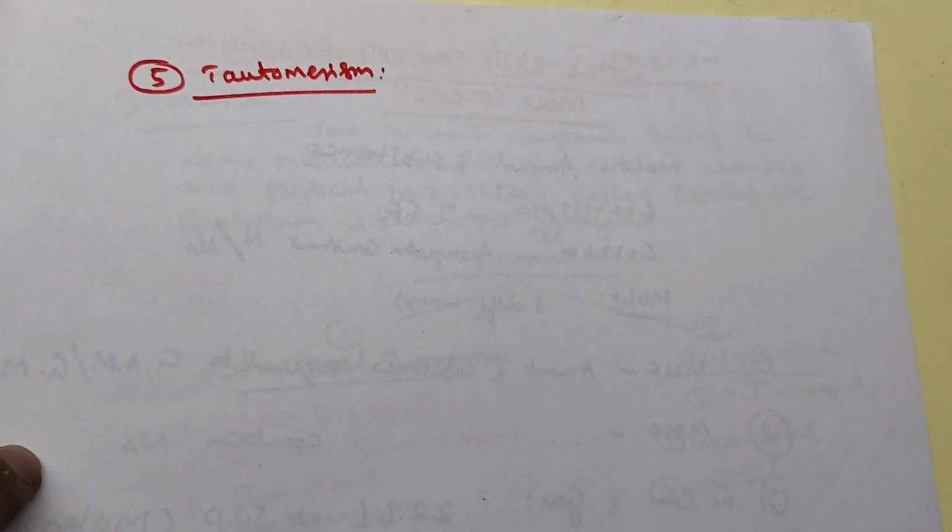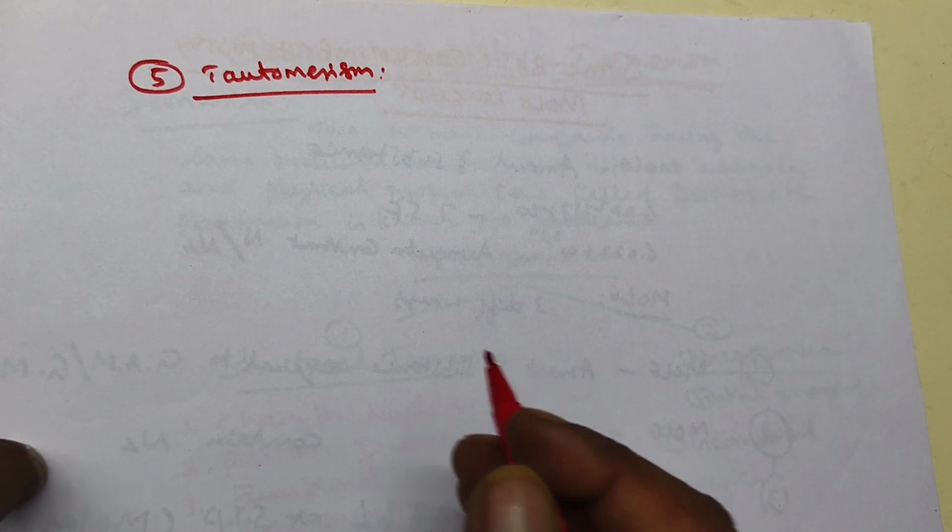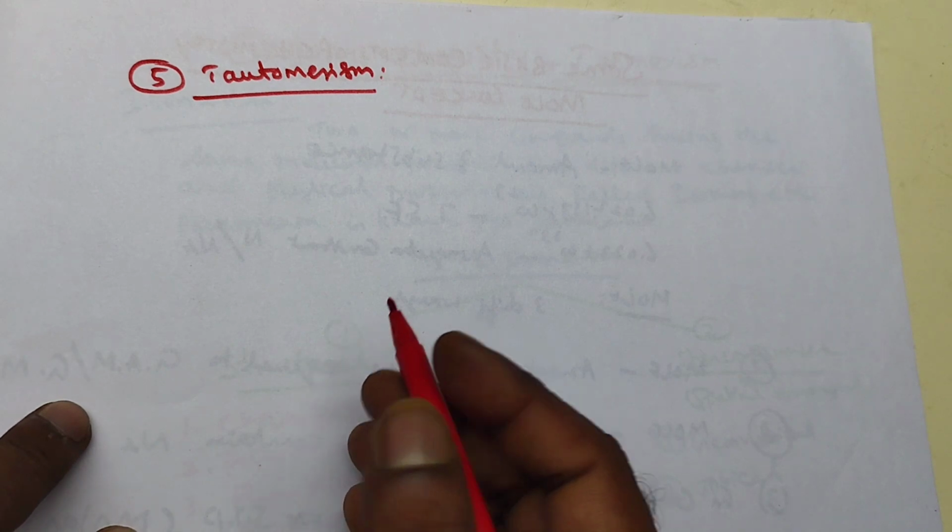Next we will discuss tautomerism, which is also another kind of structural isomerism. What is tautomerism?